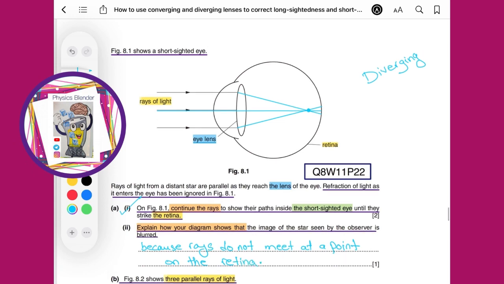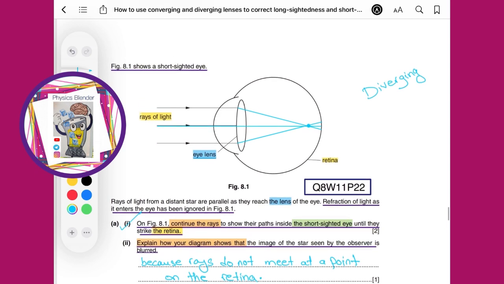Is it clear? This question is very important. You have to draw and you have to differentiate between short-sightedness and long-sightedness. So here it can be treated or corrected by using diverging lenses.